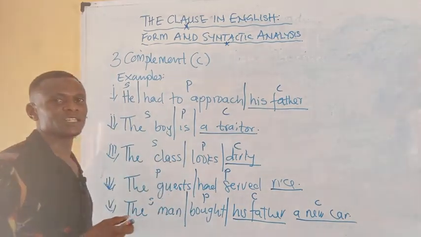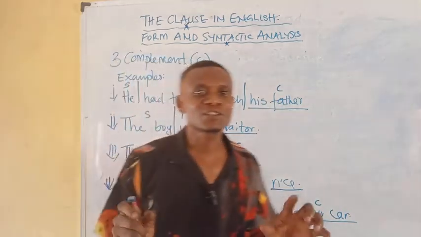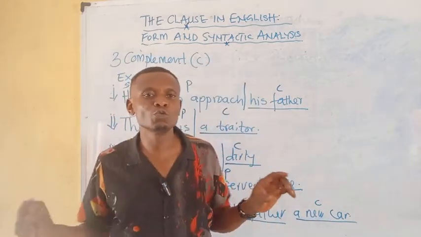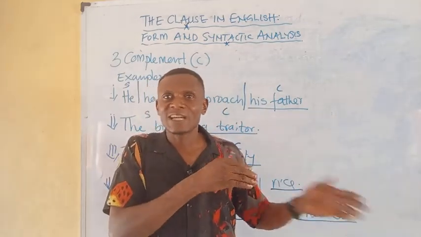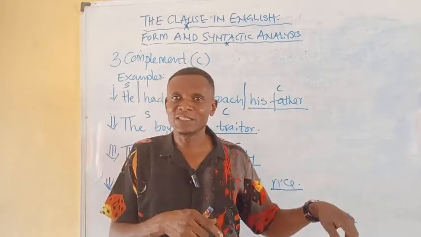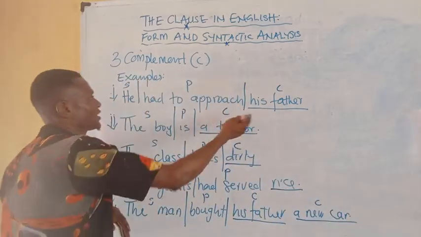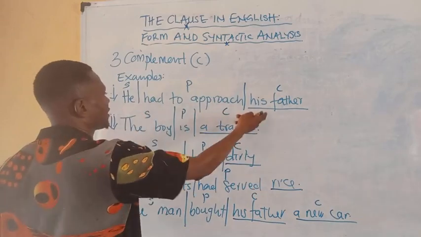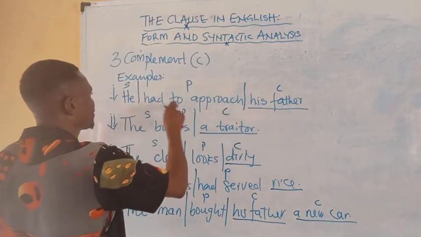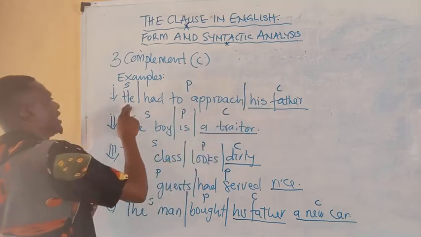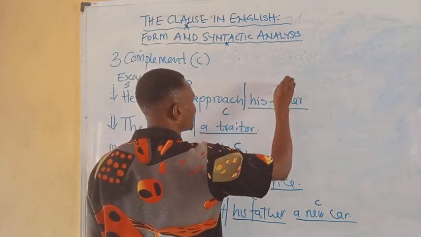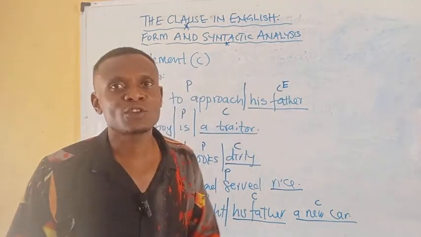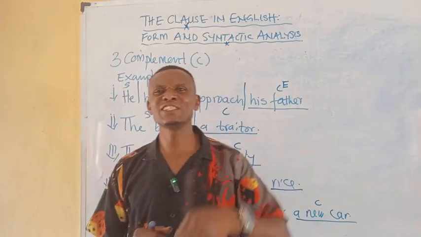Looking at number one now, I'm explaining that is the complement, what? Extensive. That is to say, the complement that has nothing to do with other elements, has no reference to other elements in the group. So look at it. He has nothing to do with father here. So this kind of complement is called complement extensive. So we are talking about complement intensive.